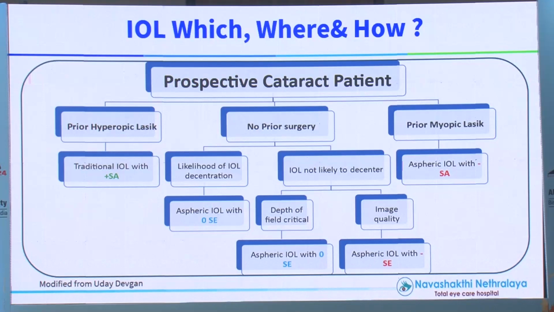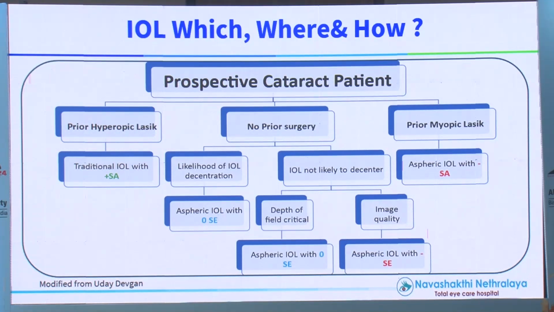If there is a prior myopic LASIK, choose a negative asphericity. If there is no prior surgery, then the problem comes. If there's a likelihood of IOL decentration, such as pseudoexfoliation, Marfan's, or one of those disorders, then think about an aspheric IOL. If the IOL is not likely to decenter, this is the place where we have to decide.